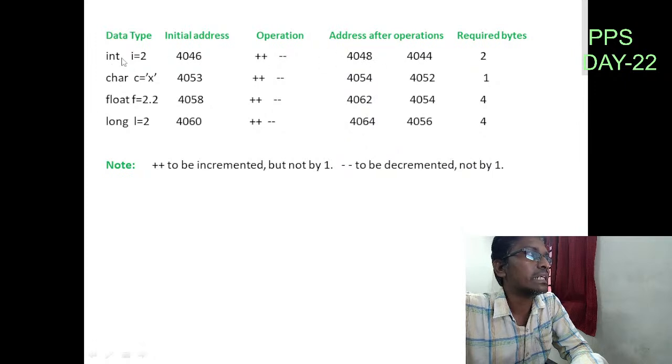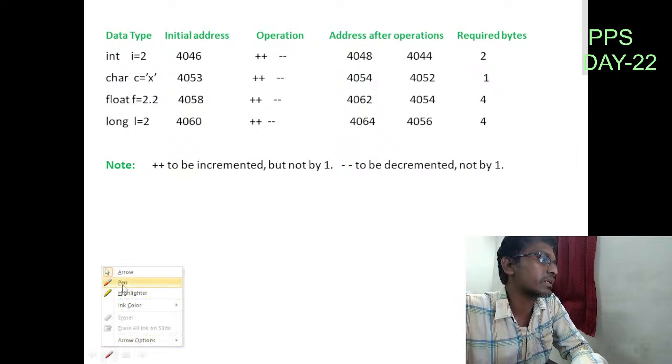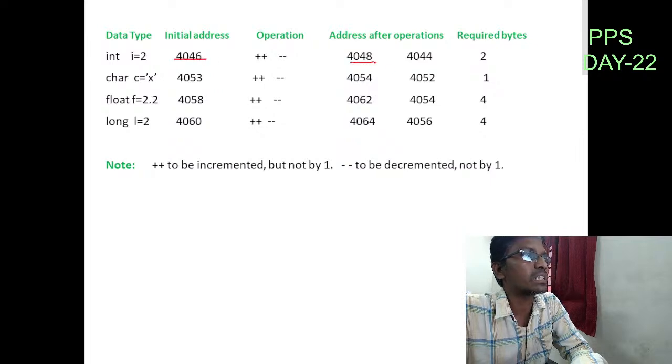That means, since it is an integer data type, it occupies 2 bytes of memory, so it is incremented by 2 bytes, from 4046 to 4048. And if you apply a minus minus operation, it will be decremented from 4046. If you decrement by 2, I get the value 4044.